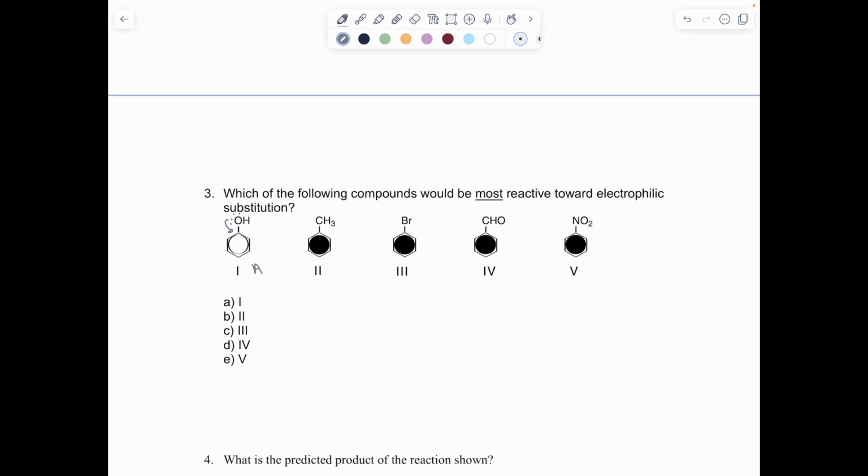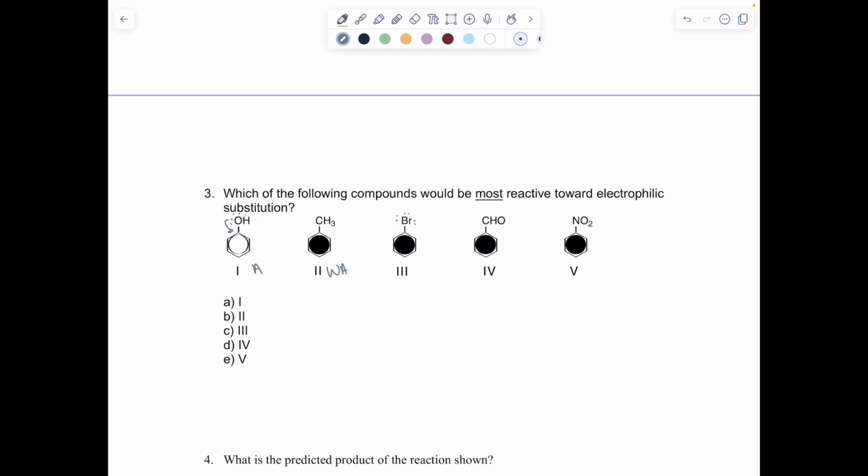The methyl group is weakly activating because it doesn't resonate into the ring, but it does have a little bit of electron density that it's willing to donate. So this is also weakly activating. Bromine is electronegative, so it's going to inductively pull electron density away, but it is capable of resonating electron density in because it does have all of these lone pairs.